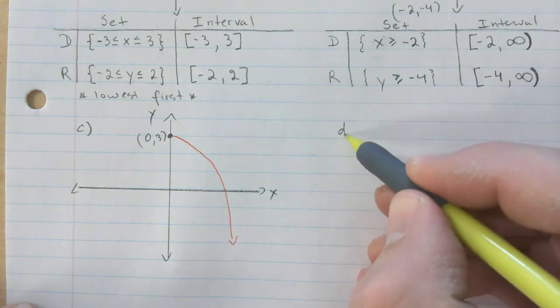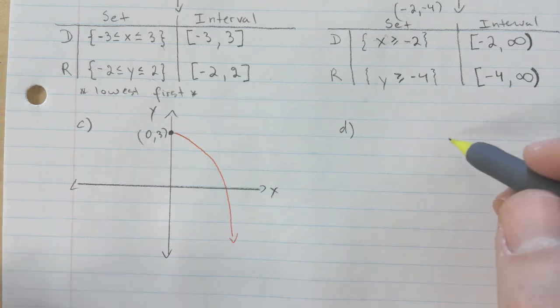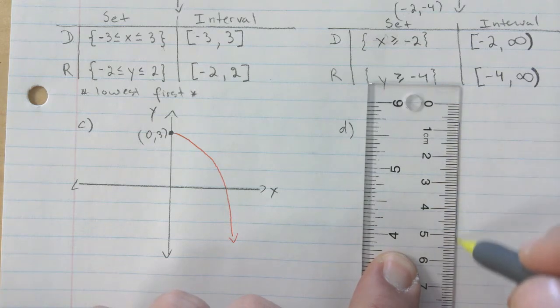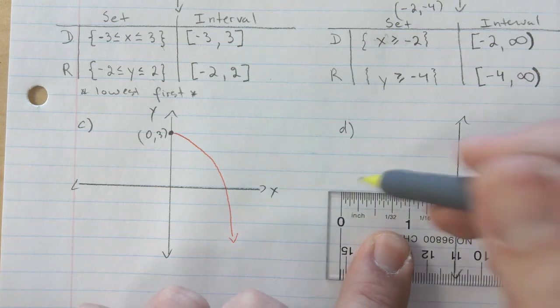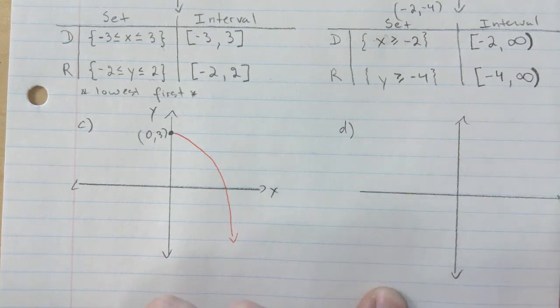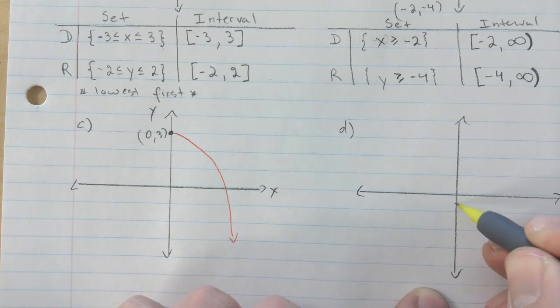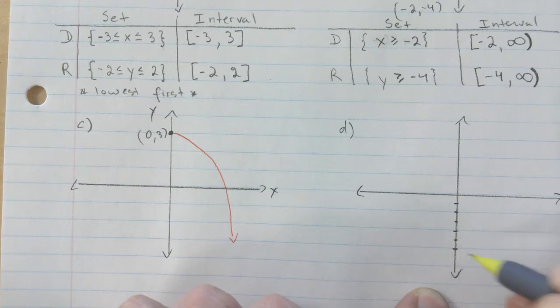And then we're gonna make one last one. Where we're gonna go down to -5. So I'm going to make this a little smaller. 1, 2, 3, 4, 5, 6, and so forth. So this would be -2, -4, -6, and so on.